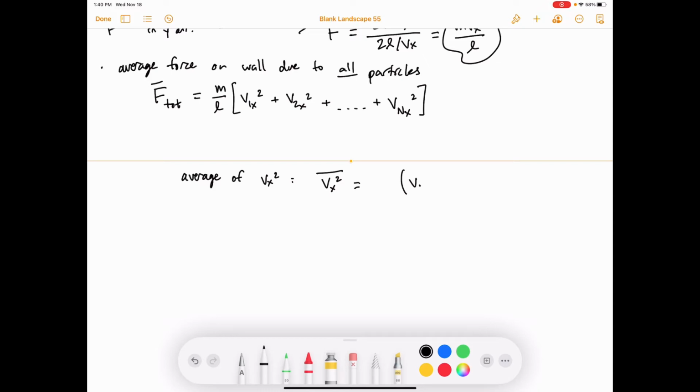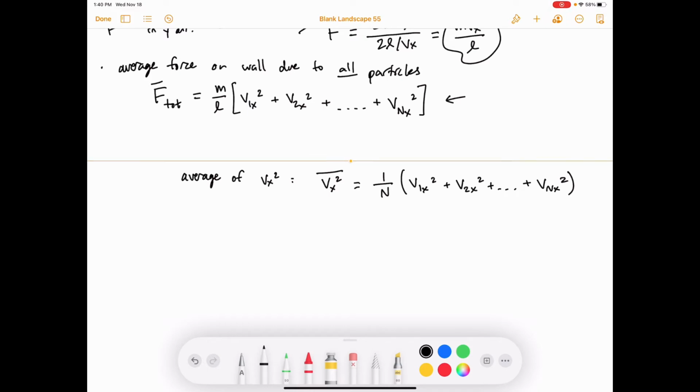I have to add up v1x squared plus v2x squared plus ... add them all up until we get to the last one, vnx squared like this. But then I have to divide by n. So add up all the values, divide by n. That's the definition of average. And that kind of looks like what we have in the brackets up here.